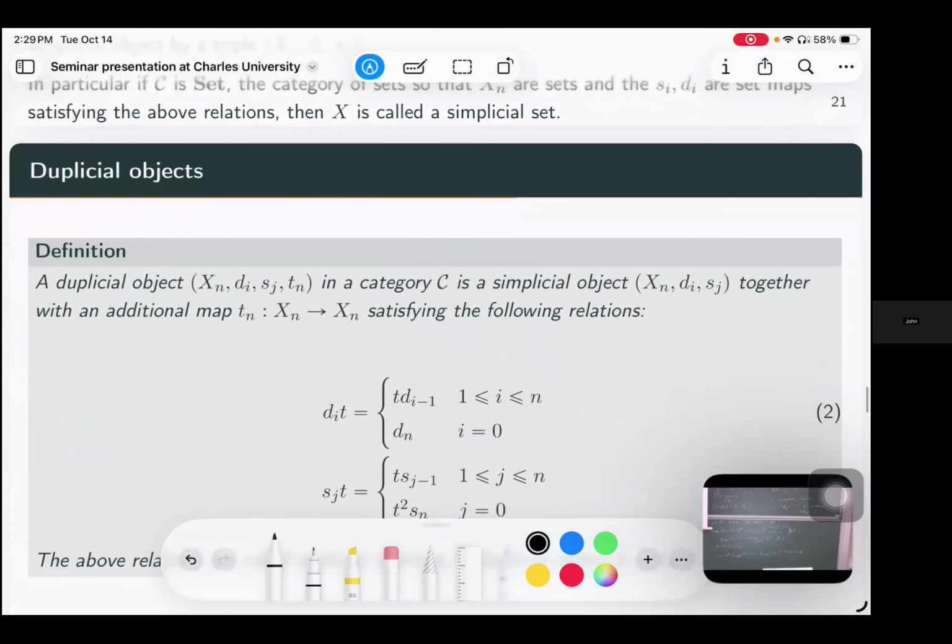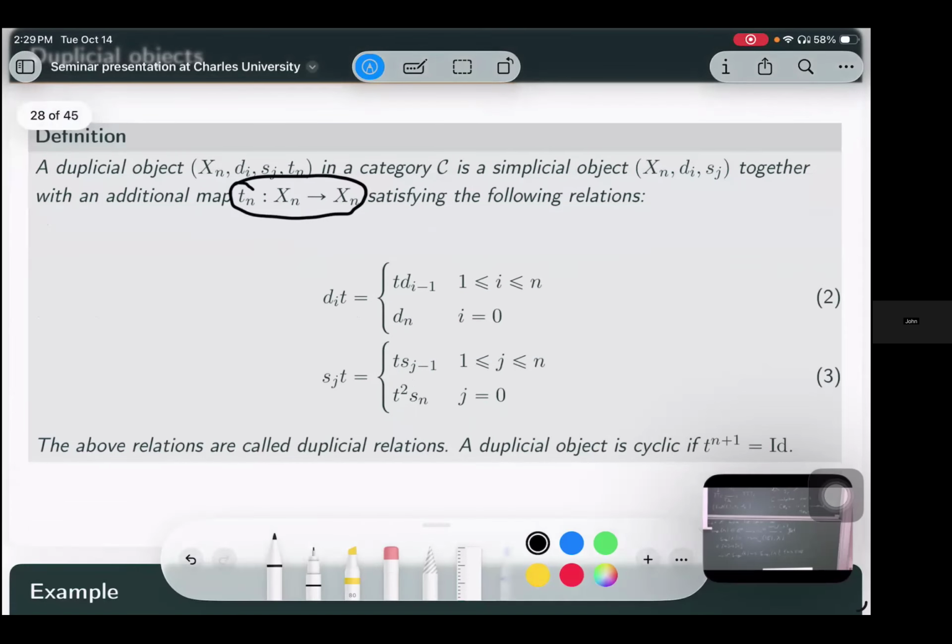Now we want to go a step further. We now want to add more structure to a simplicial object, and we want an additional map T_n that goes from X_n to X_n, and this map must satisfy these relations.